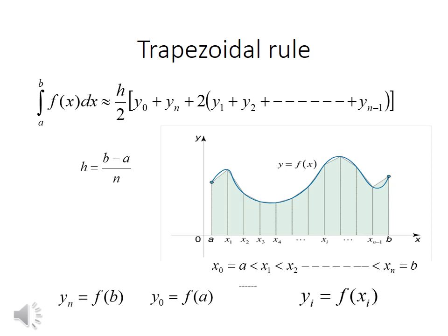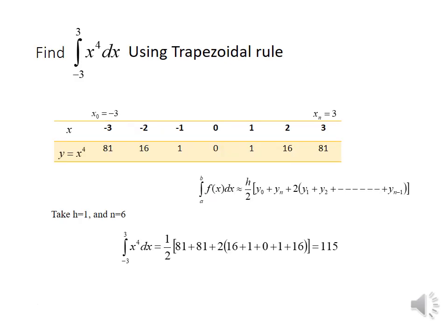For example, let us find the integral from minus 3 to 3 of x raised to 4 dx using the trapezoidal rule. Here we just need to substitute different values from minus 3 to 3 into this particular function.